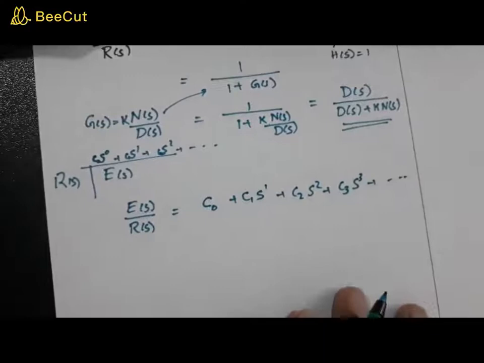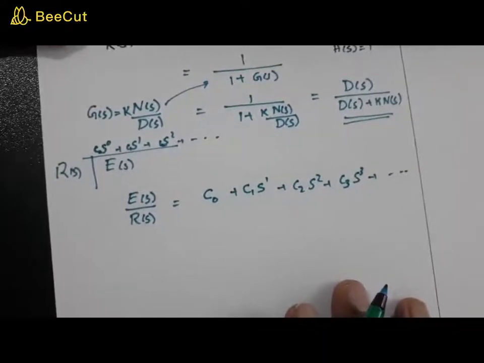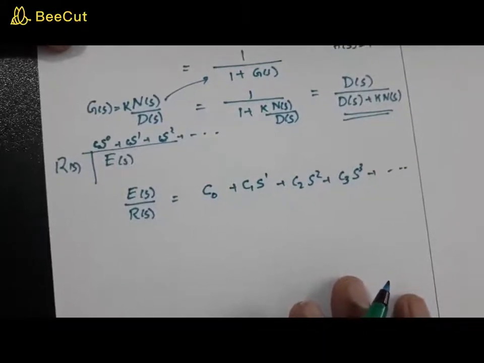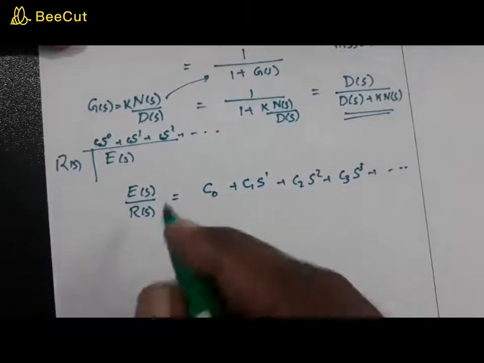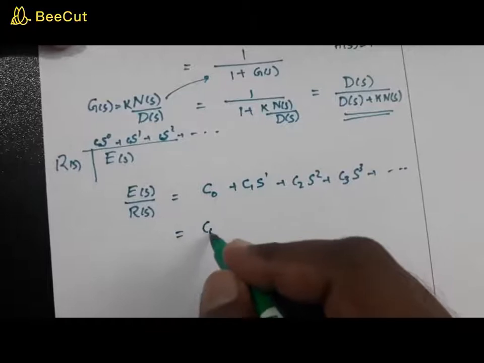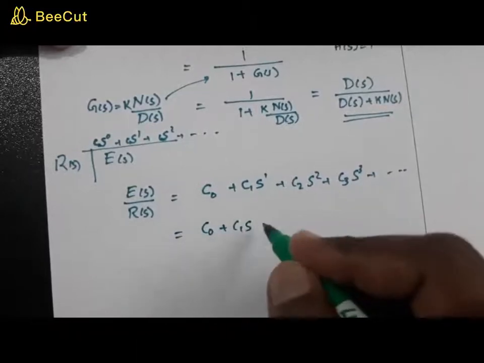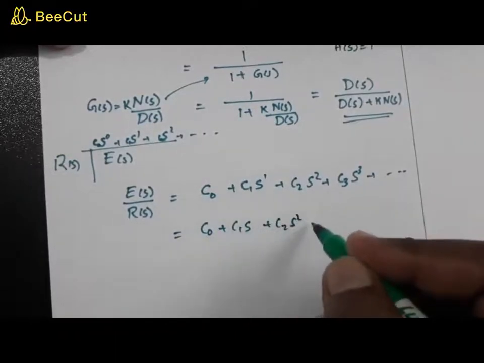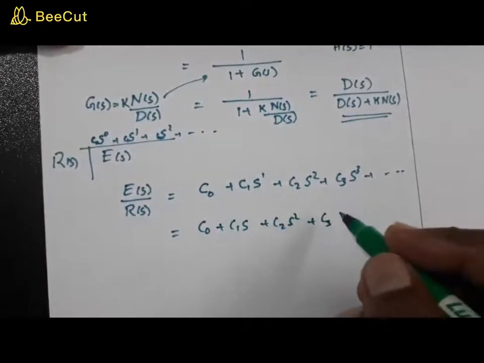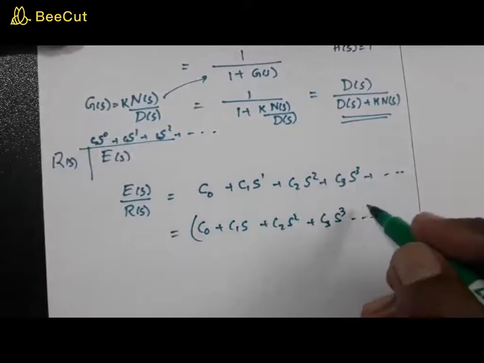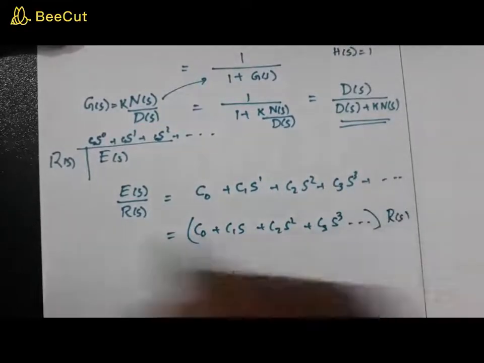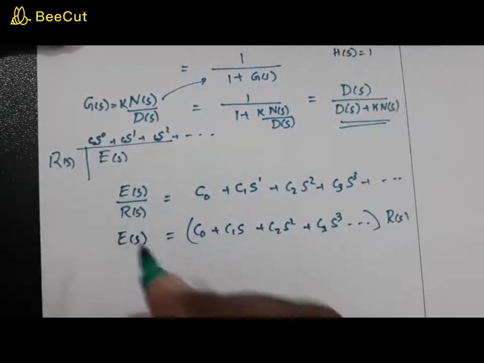So E(s)/R(s) can be written as C0 plus C1 s plus C2 s squared plus C3 s cubed, etc. The whole thing into R(s) is actually equal to E(s).